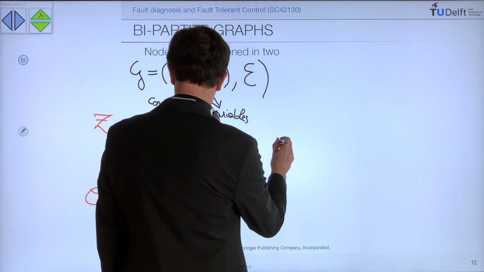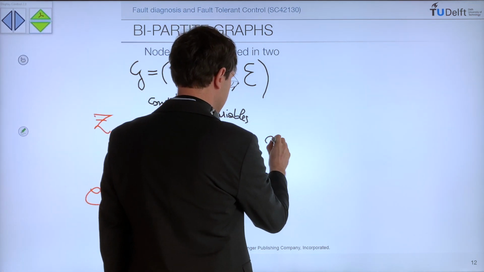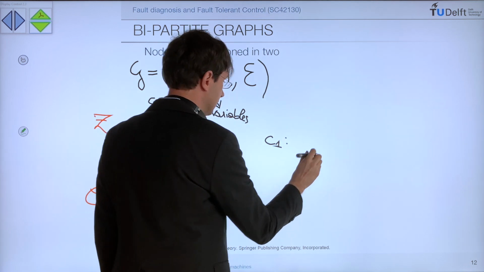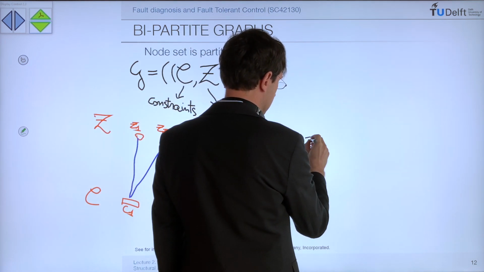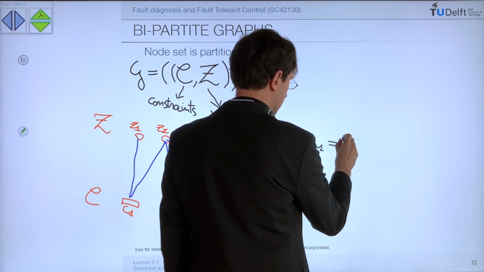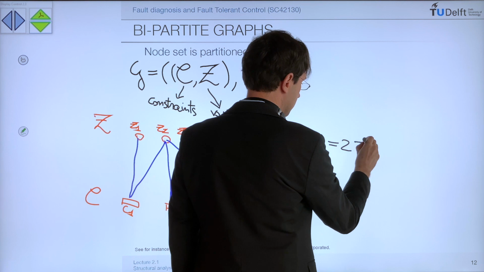We can have the equation C1 telling us that Z1 is equal to 2 times Z2.